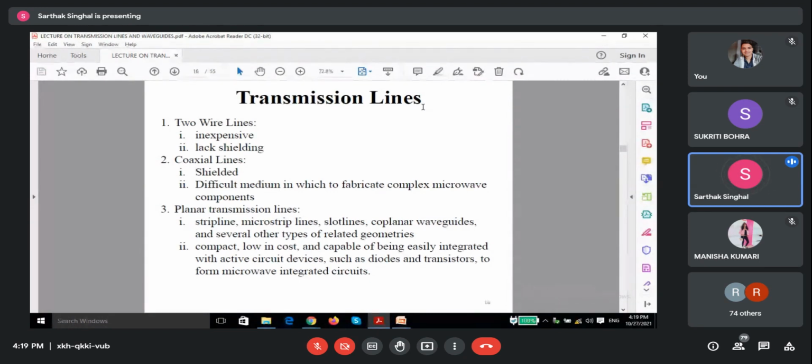The second one was the coaxial lines, in which there was a shielding. They were shielded, and by using the coaxial lines, the microwave components cannot be fabricated easily.